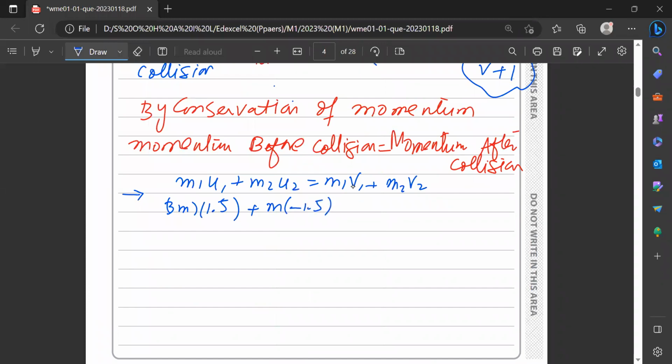I'm taking the rightward direction as the positive reference, 3m into v plus m into 1 plus v.